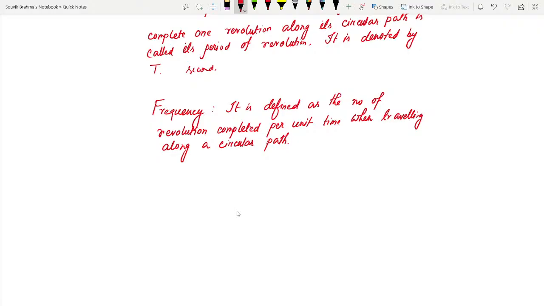Okay, it is denoted by nu. Basically time period, you know already, time period is equal to 1 by nu. So nu is equal to 1 by time period. So the unit of this nu should be second inverse.